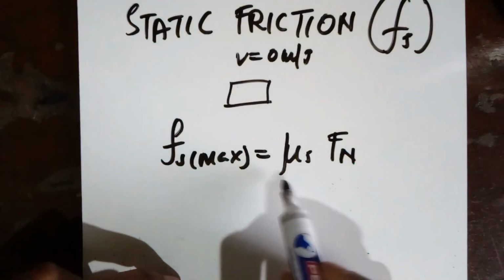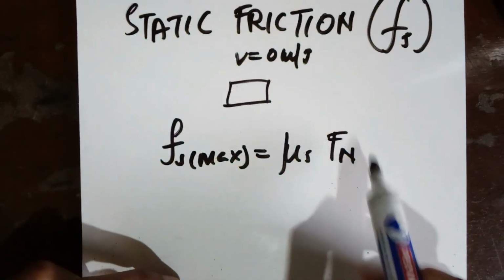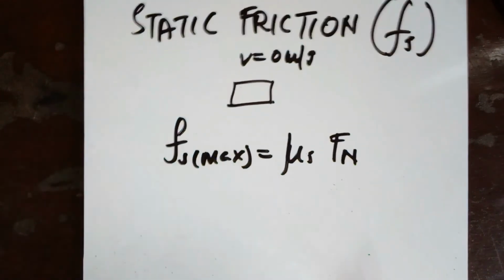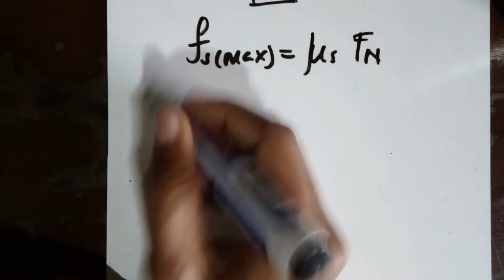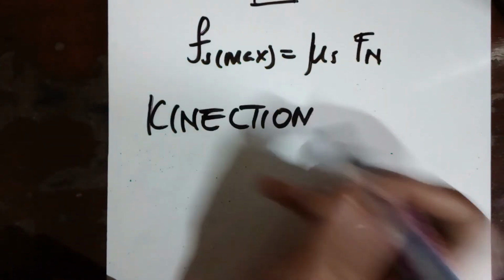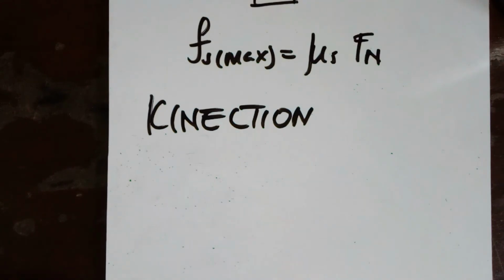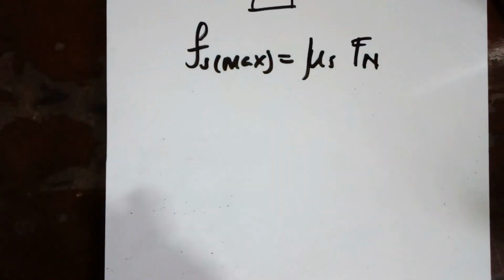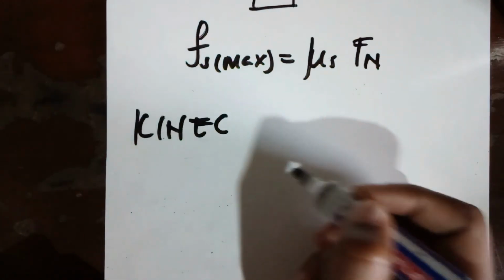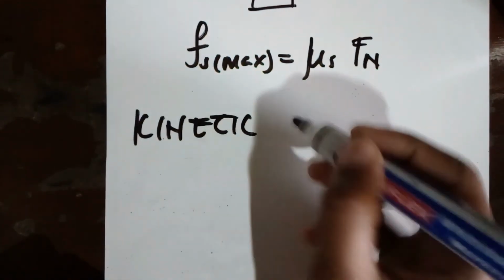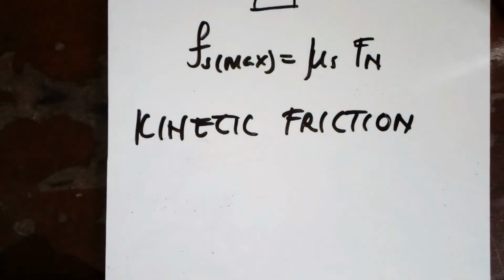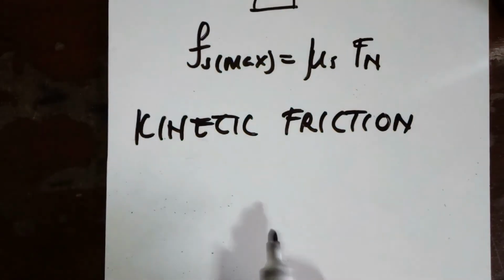So if you are given the coefficient of friction and the normal force, you can calculate the maximum static friction. Another thing we also talk about is kinetic friction. Kinetic friction is the frictional force on a moving object.